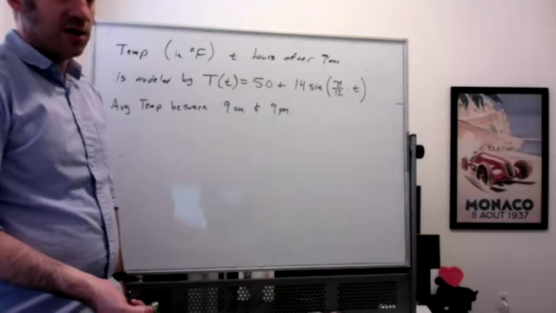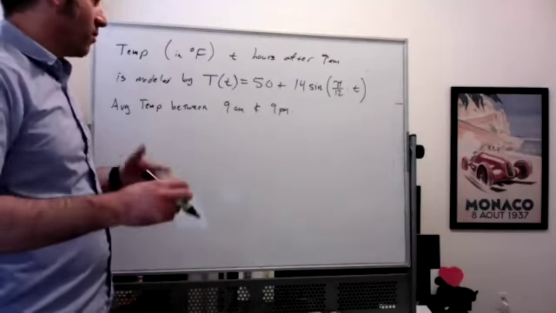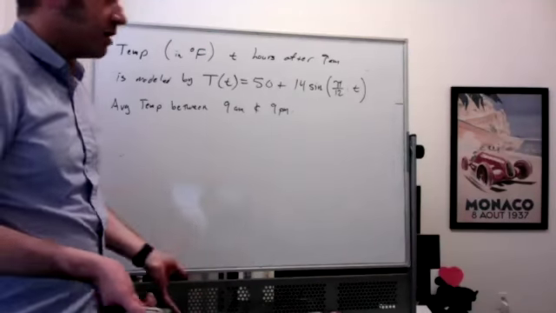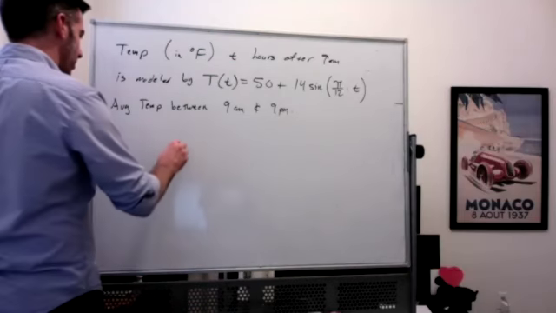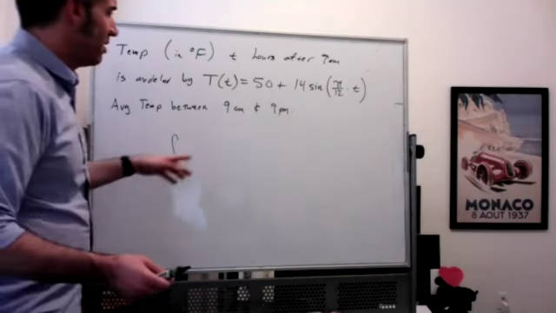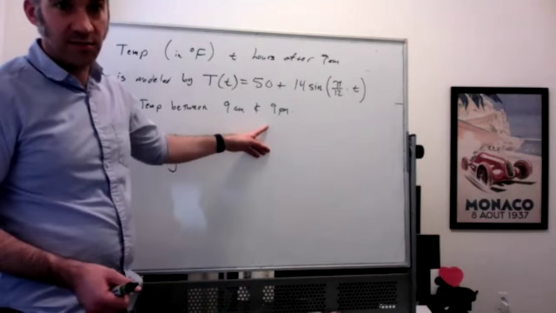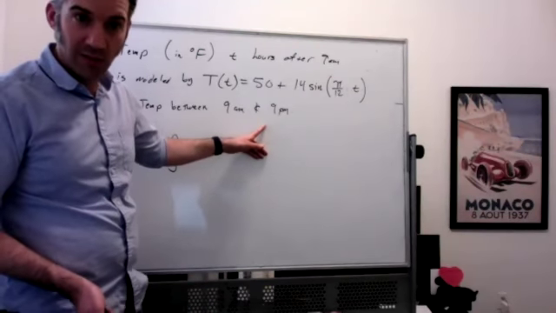Okay, so to do this, we're going to integrate, we're going to use the average value. So let me point out, first of all, I'm not going to integrate from 9 to 9. That would be dumb. I would get 0.